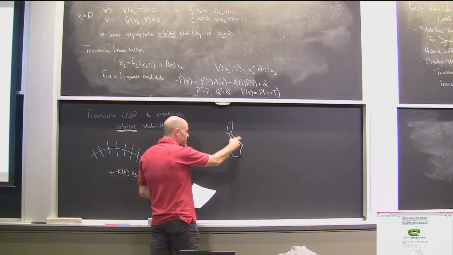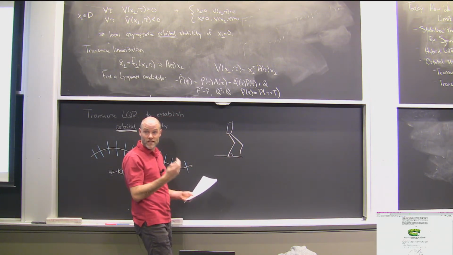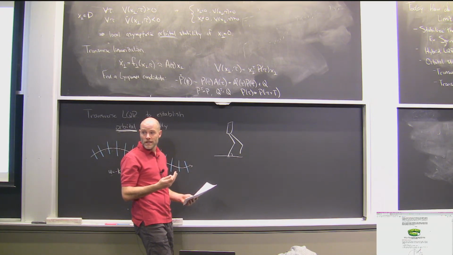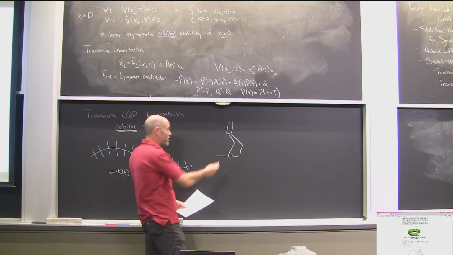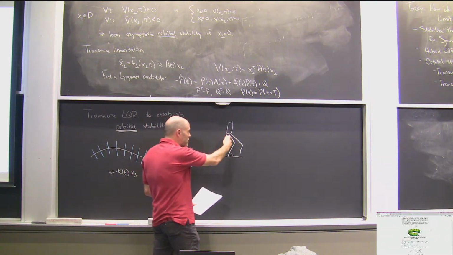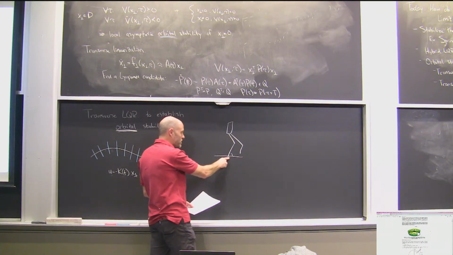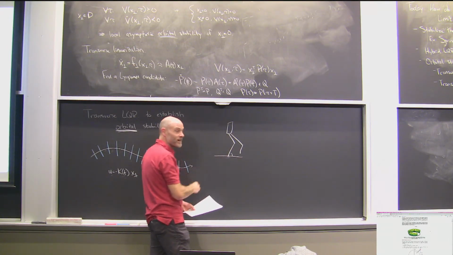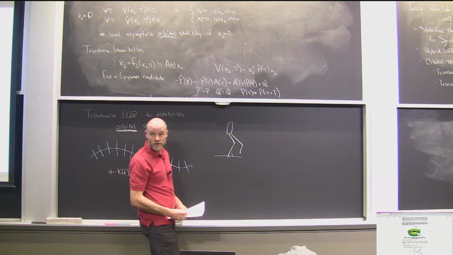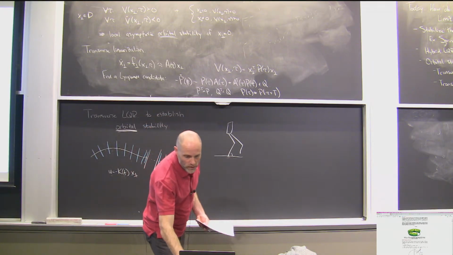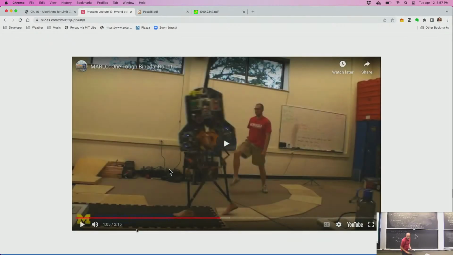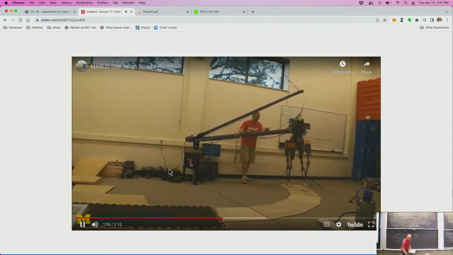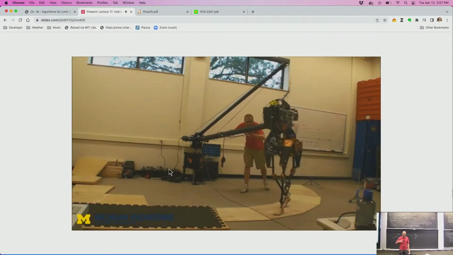And orbital stabilization, stabilizing the n-1 coordinates, is actually almost a fully actuated problem. You can just do PID control. You have to do it in the right coordinate system, but you can stabilize that very easily when you have n-1 actuators and you're trying to stabilize n-1 degrees of freedom. And that is what, if you've ever heard of hybrid zero dynamics from Jesse Grizzle, there was a very successful series of walking robots from Michigan, Jesse Grizzle and other people, where they've got Cassie doing it now.